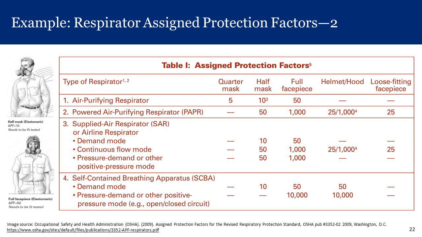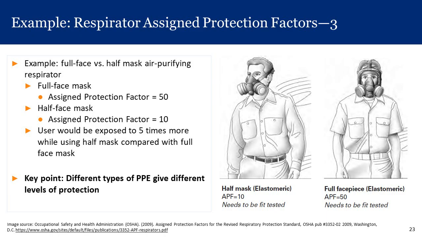They have different protection factors. So the key point here is different personal protective equipment gives different levels of protection, and this must be matched to the exposure that one might expect to encounter. For example, you'll see here listed on the slide, a full-face respirator has an assigned protection factor of 50. A half mask assigned protection factor is only 10, which means that someone who's wearing this respirator would have 5 times more exposure while using a half mask compared to a full face mask.